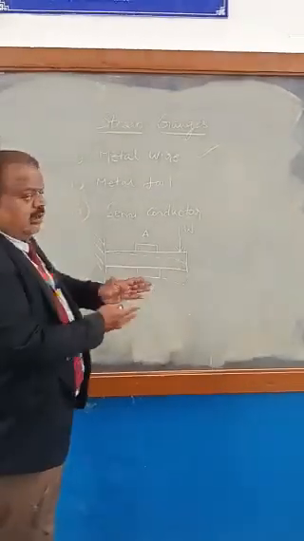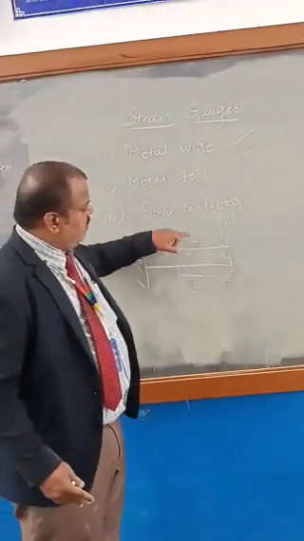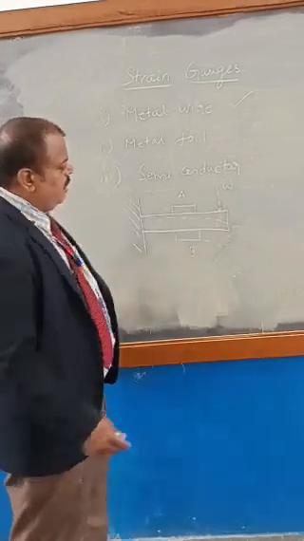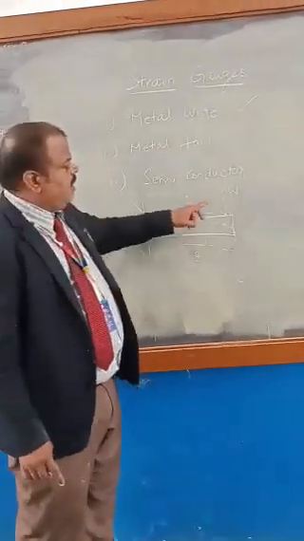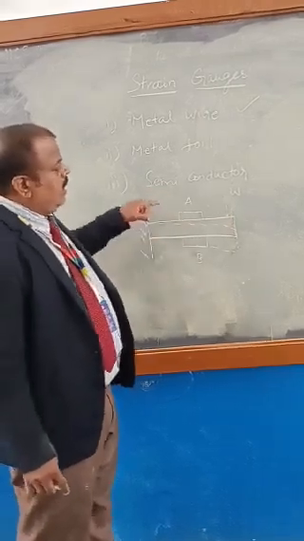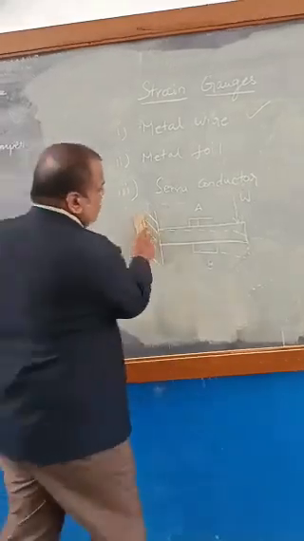The surface is very soft, so it will stick like a stamp to any surface. When the deflection happens, the strain gauges A and B fixed to the beam will measure how much deflection has occurred when the point load is applied. I will tell you how the strain gauges measure this.